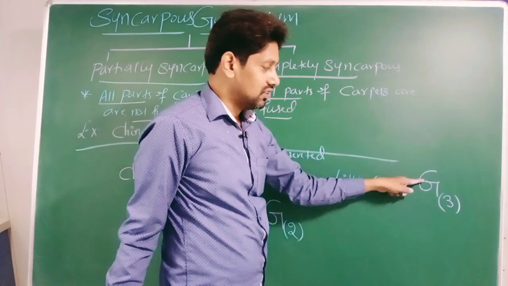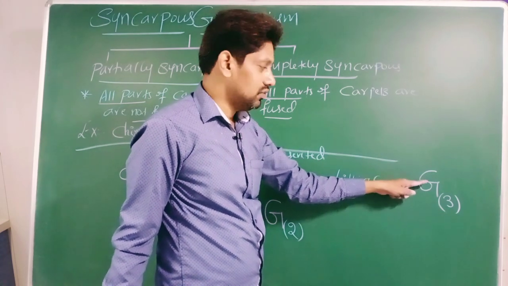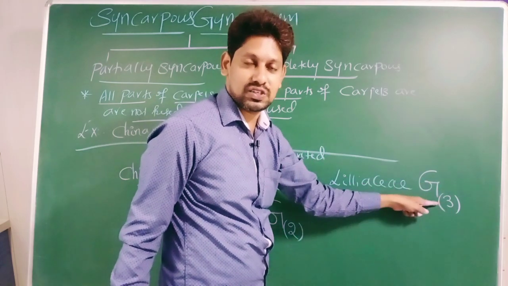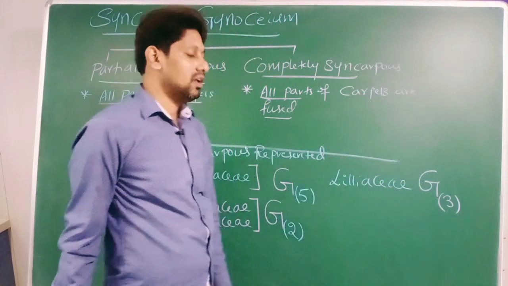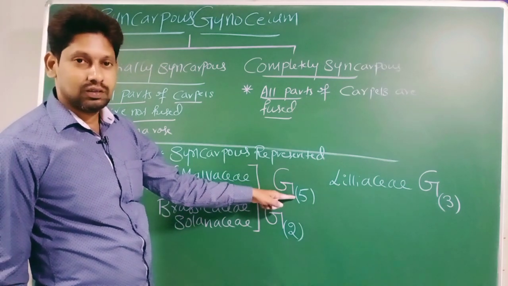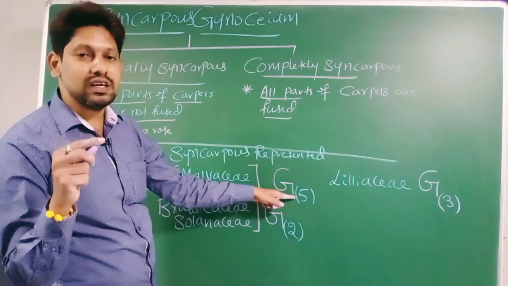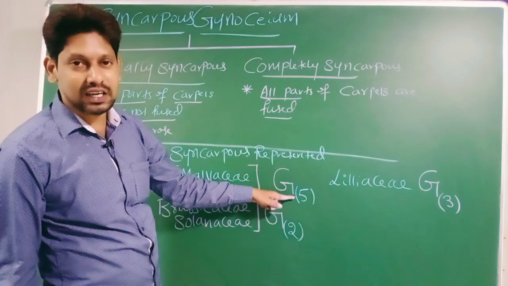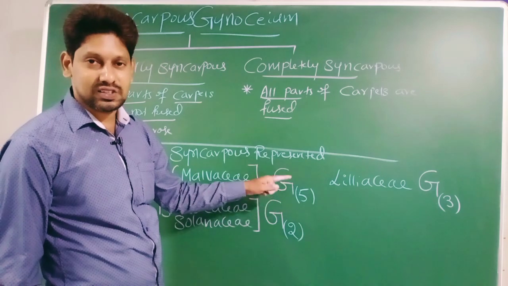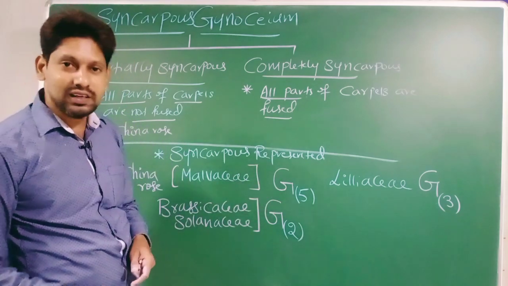G stands for Gynecium. This Gynecium is with 3 carpels. These 3 carpels are fused. This is Syncarpus Gynecium. Therefore, in Syncarpus Gynecium, carpels should be inside the brackets. It indicates Syncarpus Gynecium.